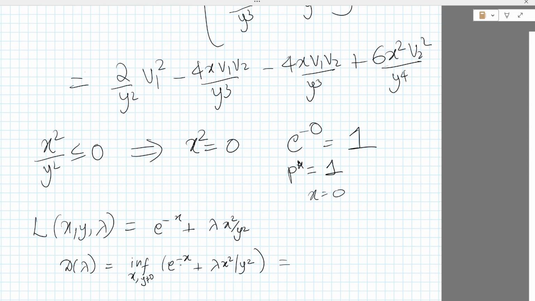So if I make x equal to infinity, e to the power minus x goes to 0, but I can keep something like x equal to y and x is very big.